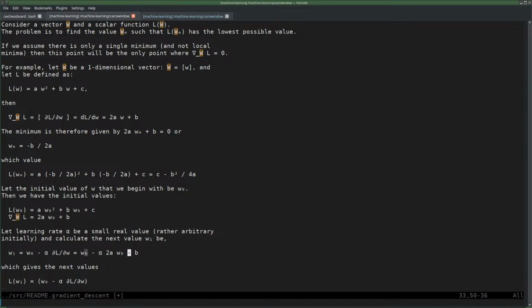And I have to subtract that, so that's also a minus. So this one, plus W1 again.